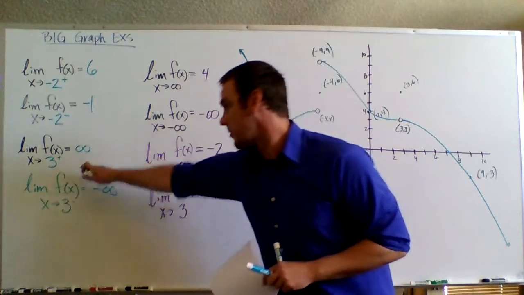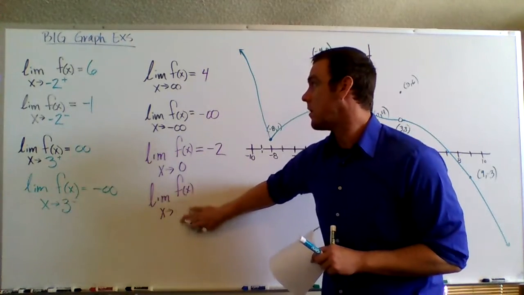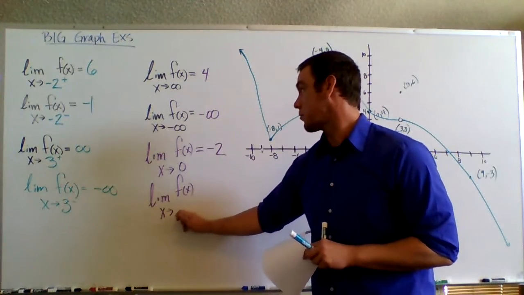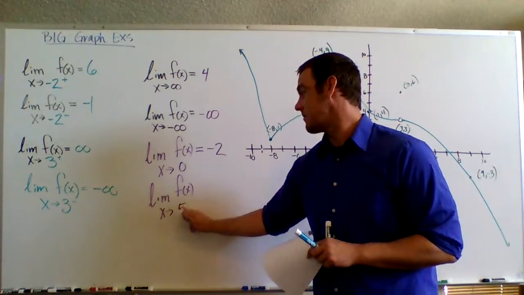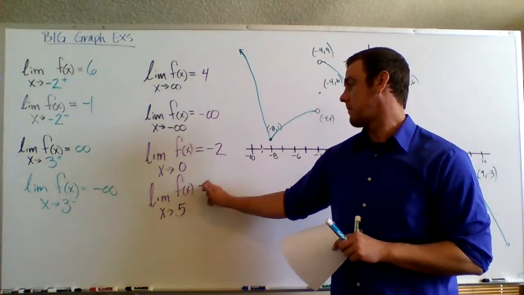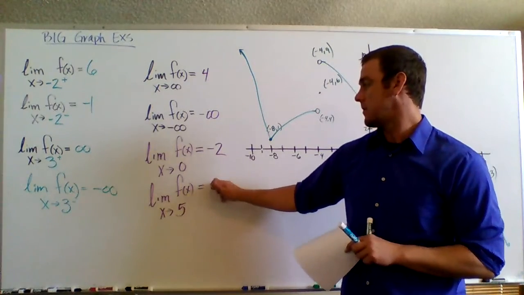We already did 3 from the right, 3 from the left. Let's do as x approaches 5. Yeah, as x approaches 5, it looks good. F of x is going to be infinity.